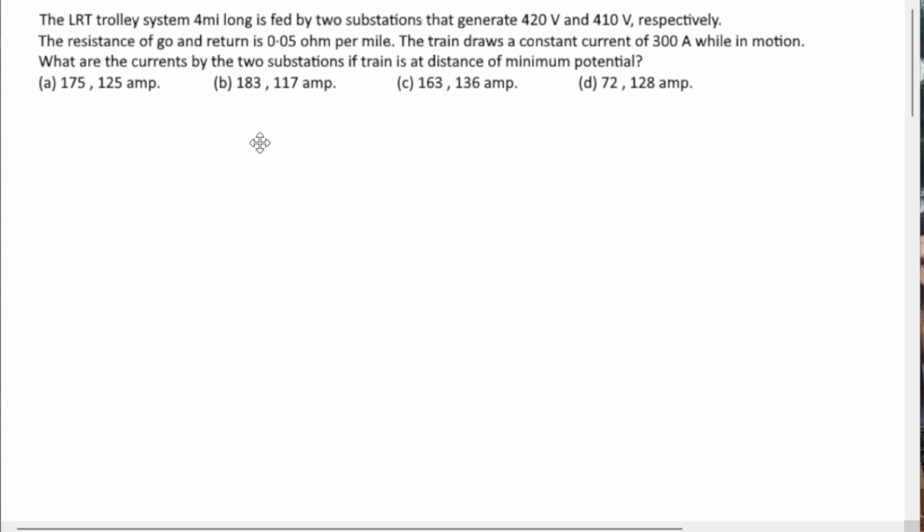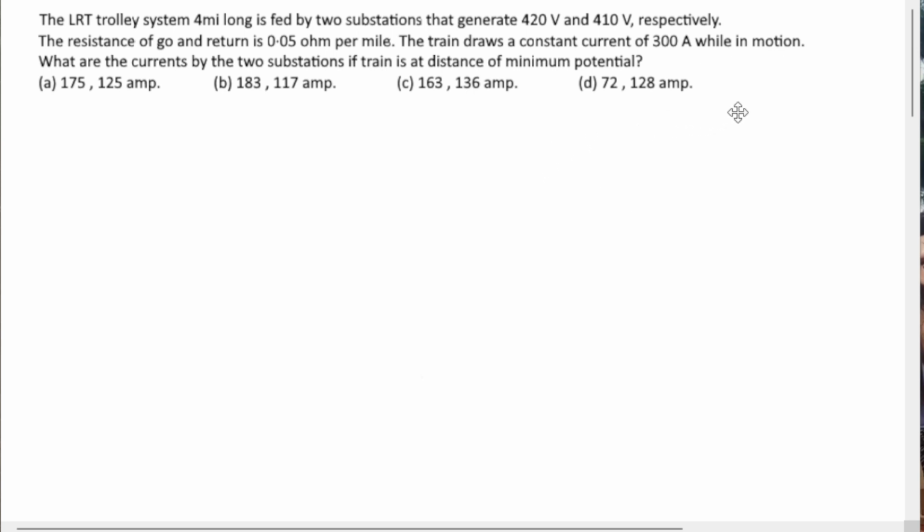Okay, so this problem has many variations. Some are more on purely electrical circuits, meaning the distance is given, so you just have to solve for the resistance.